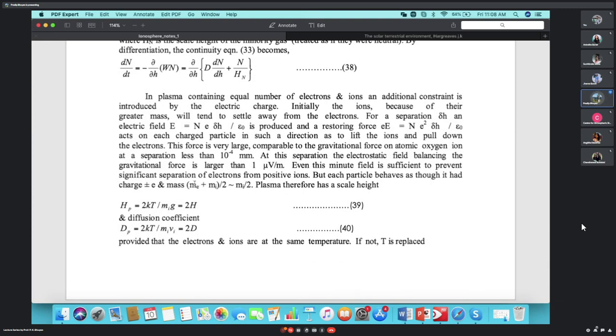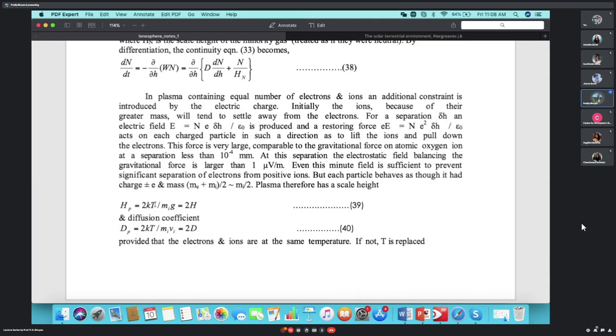So you can add the mass of the electron to the mass of the ion and divide by 2. That will be approximately equal to mass of the ion divided by 2. So this is the mean mass of the electron and ion, and so the 2 has come in the denominator.